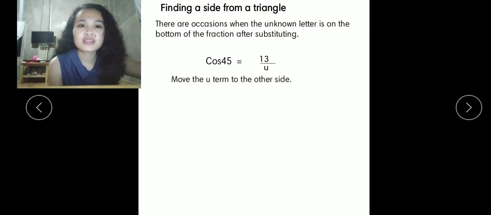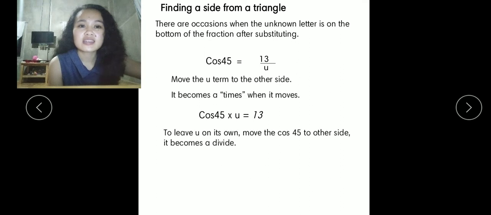So just simply move the u term to the other side. It becomes a times when it moves. So cos 45 times u equals 13. So we are not yet done. To leave u on its own, move the cos 45 to the other side. It becomes divide. So it becomes u equals 13 over cos 45.